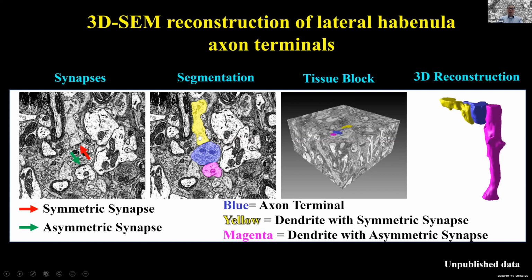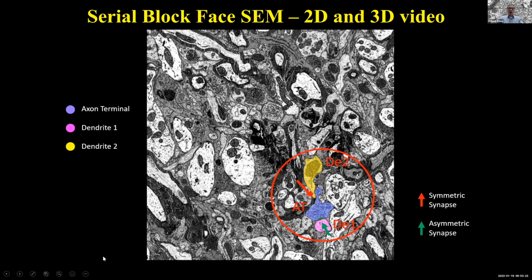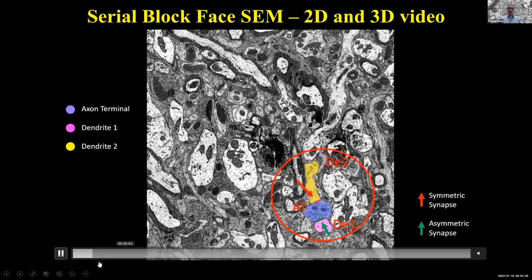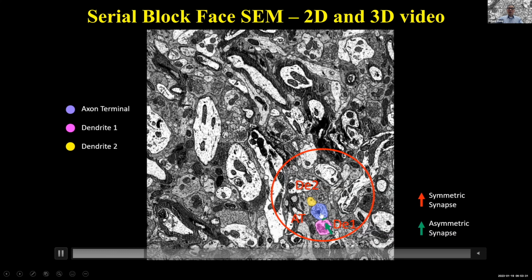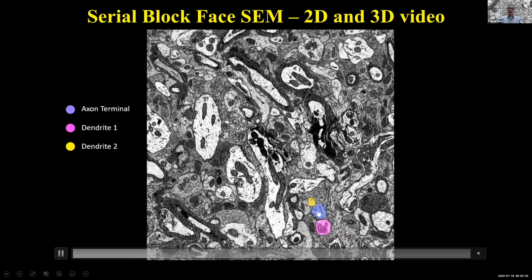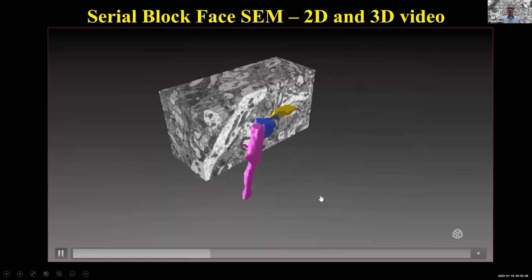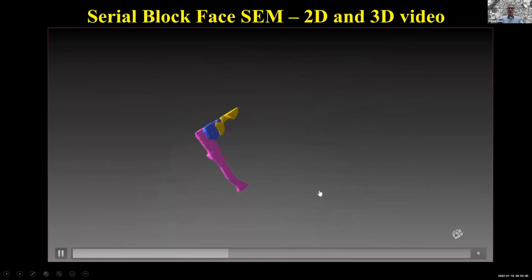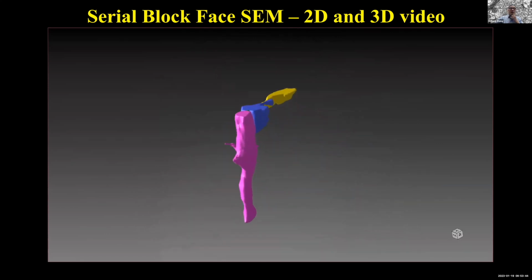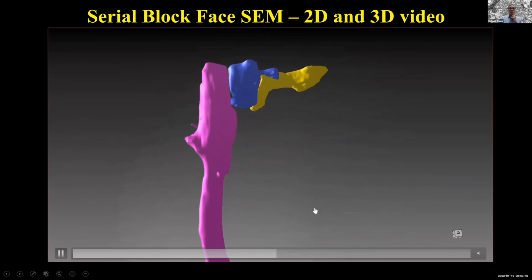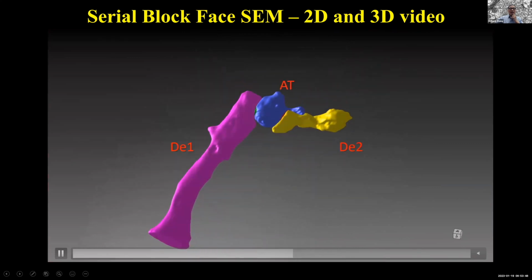So here's our movie, 2D and 3D movie. We can show this axon terminal makes an asymmetric synapse and a symmetric synapse on different dendrites and different neurons. However, we still cannot completely answer the question.